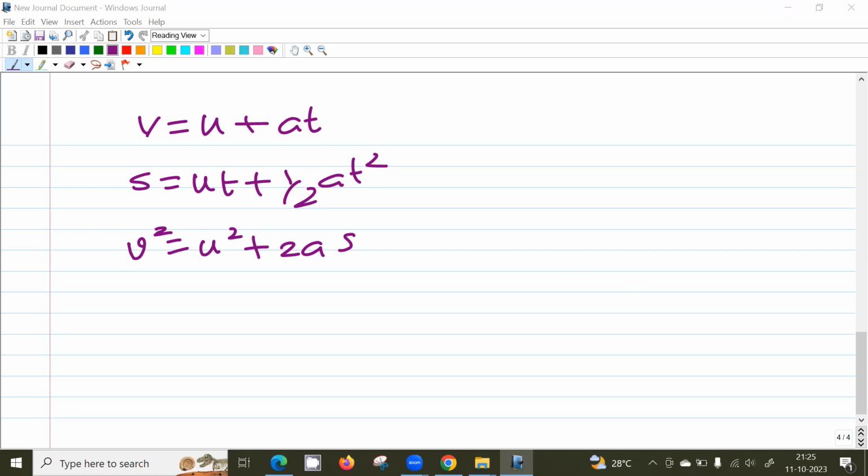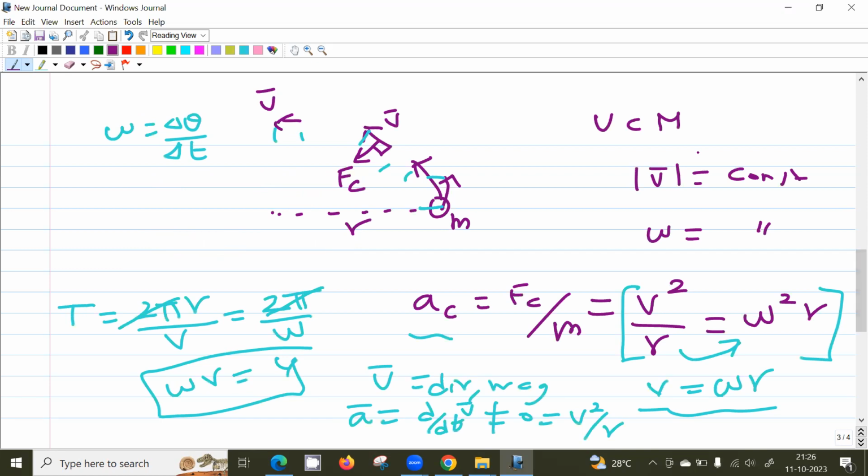Sir, how did we get omega, that centripetal acceleration? Right now, I think we can assume this result. I don't have time to derive this one right now, just use it like a formula. The property here is that velocity is a vector. The magnitude of the velocity vector is not changing, but the direction is changing.